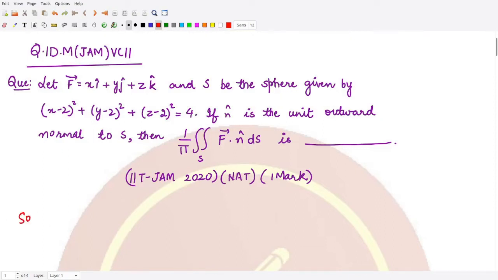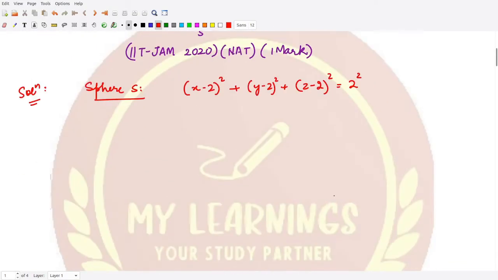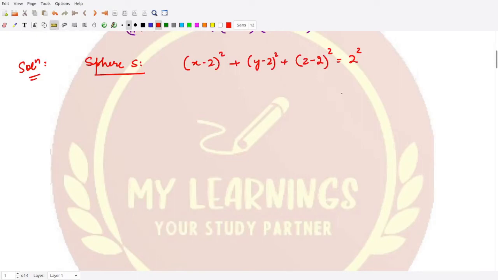For the solution, first of all, you should know the given sphere S. How does it look? The equation is given to be (x minus 2) whole square plus (y minus 2) whole square plus (z minus 2) whole square equals 2 square, right? Geometrically this would look something like this. If we draw the coordinate axes in 3 dimensions, this is our origin, say this is the x axis, y axis and z axis.